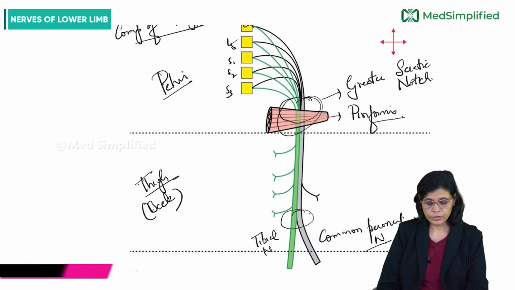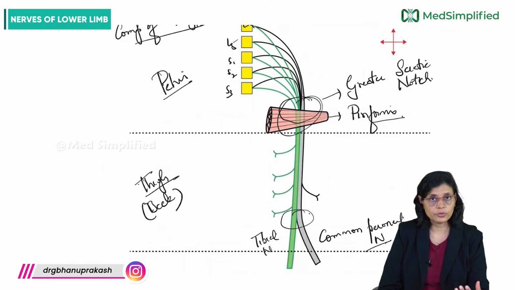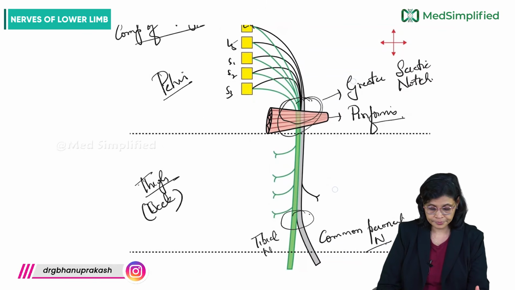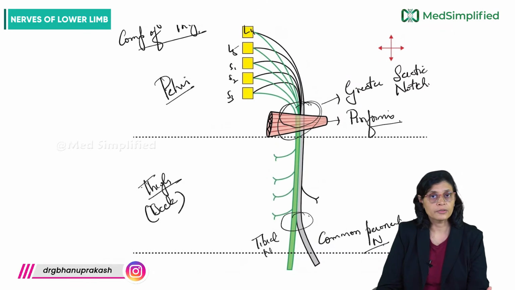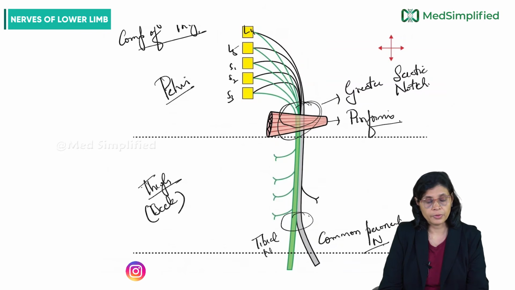Peroneal nerve. So this sciatic nerve consists of two components: the tibial component and the common peroneal component.